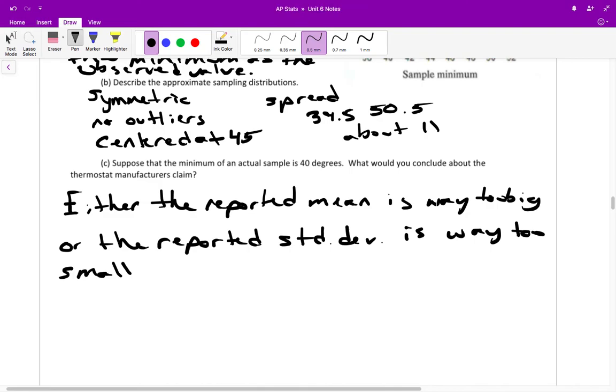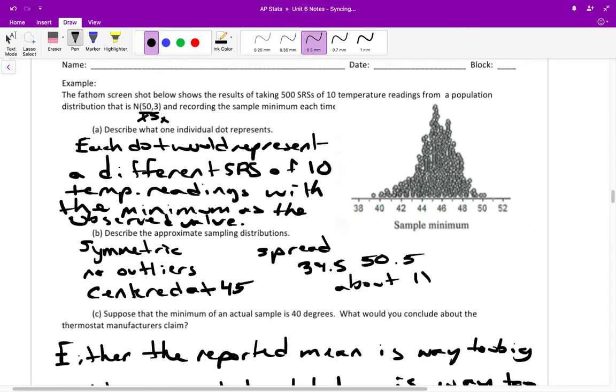If it's that far out, which remember 40 would be on this graph, 40 would be way out here. It's way lower than what you would come to expect.